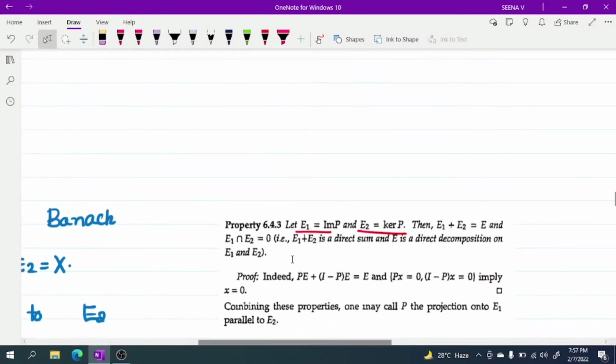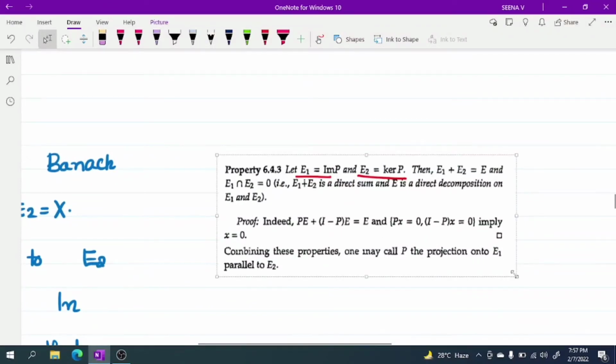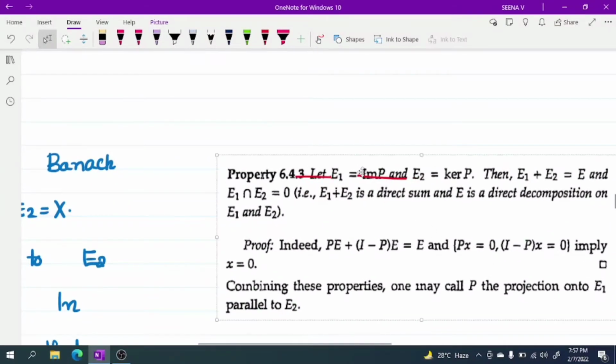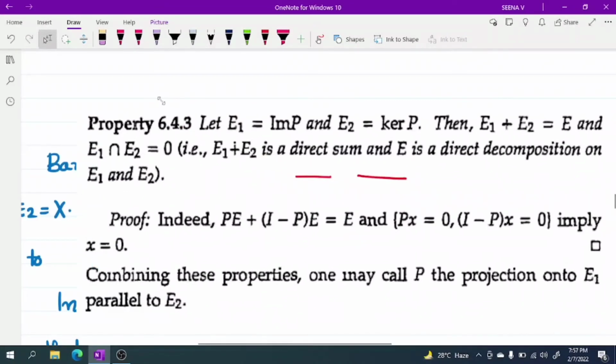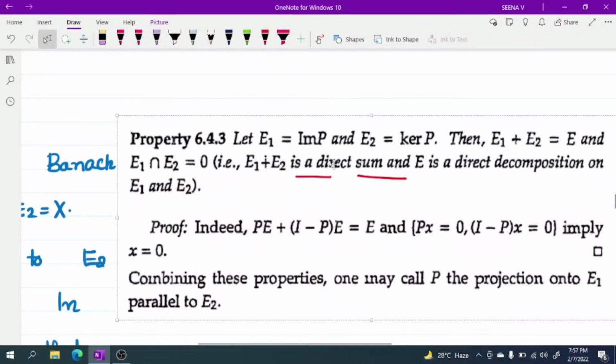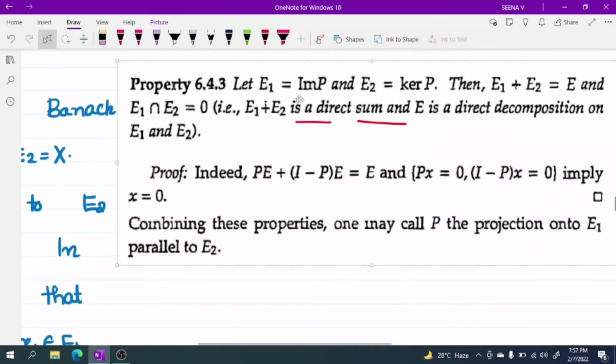Here we have this result. E1 is equal to image of P, E2 is equal to kernel of P, E1 plus E2 equal to E, and E1 intersection E2 equal to 0. Then P is called the projection onto E1 parallel to E2.